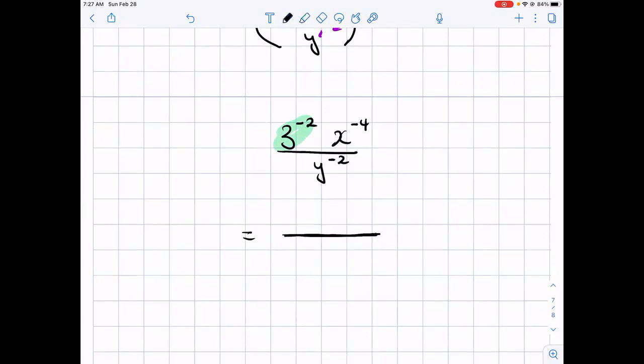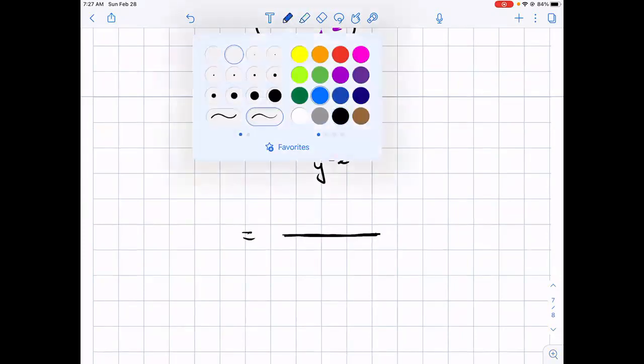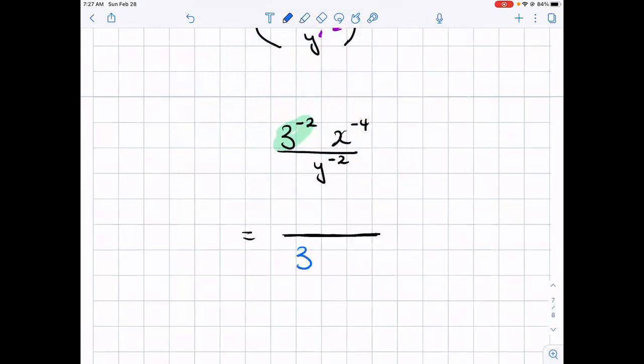By bringing it to the denominator, the power switches signs. By moving a base from numerator to denominator, or vice versa, from denominator to numerator, the sign of the power changes. So we can make a little note of that.